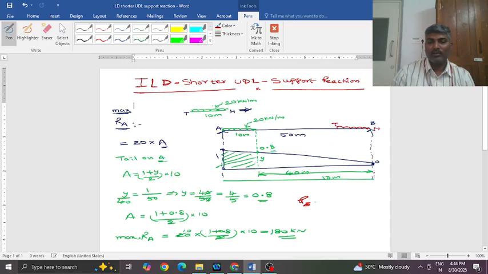So plot ILD for RB, with 1 unit at B. Again, the last 10 meters is the area this load is going to occupy, which is very similar to this.